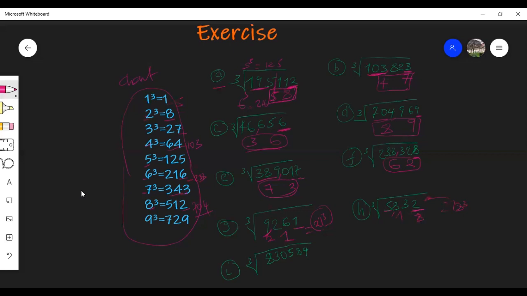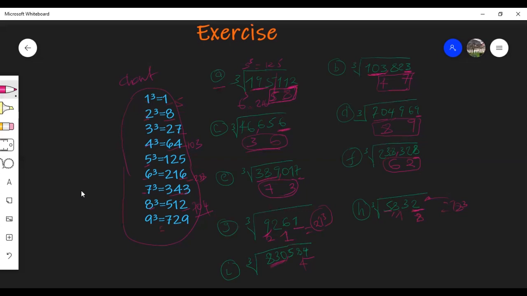Now, the last one. You go again and check what's the number that ends with 4, and that is 4. It gives you 4. And then you check, after separating them, what number gives you 830. And you know what that is? Yeah, 830 is here.